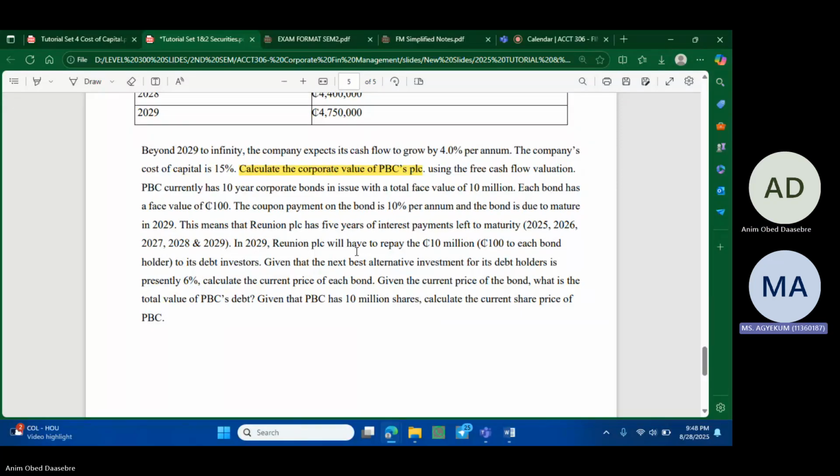Calculate the current price of each bond. Given the current price of the bond, what is the total value of PBC's debt? Given that PBC has 10 million shares, calculate the current share price of PBC.